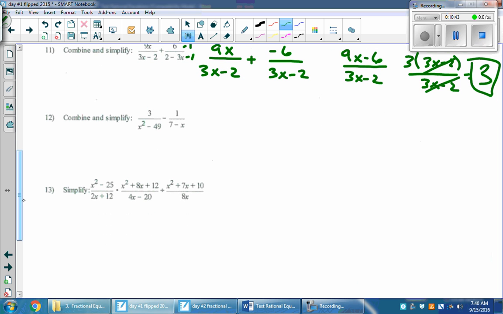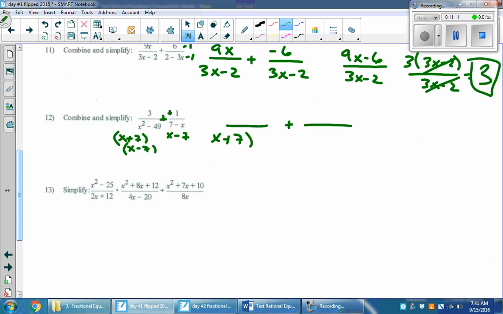All right, 2 left. Again, another subtraction. Once I see that, I'm going to say change, switch. That's backwards. I'm going to multiply it by a -1, so I'm going to change that sign, and this becomes x minus 7. x squared minus 49 is x plus 7, x minus 7. To find the common denominator, you have to factor denominators. So my common denominator is going to be x plus 7, x minus 7.